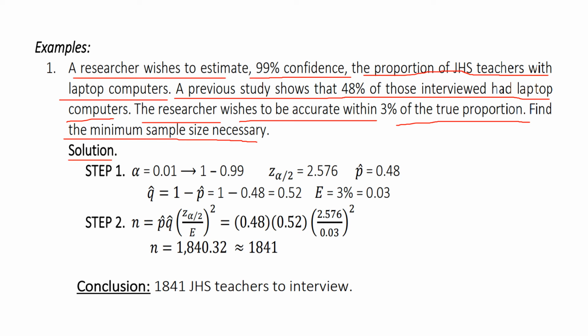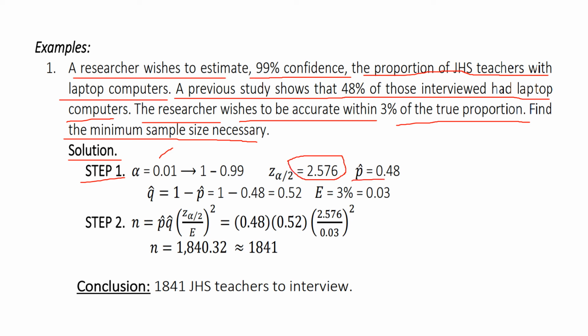So for solution step number 1, we need to list down all the given values. Your alpha is 0.01 because we're dealing with the 99% confidence interval. So we subtract 0.99 from 1, therefore your alpha is 0.01. Then if we divide this alpha by 2, the critical value for this one is 2.576.